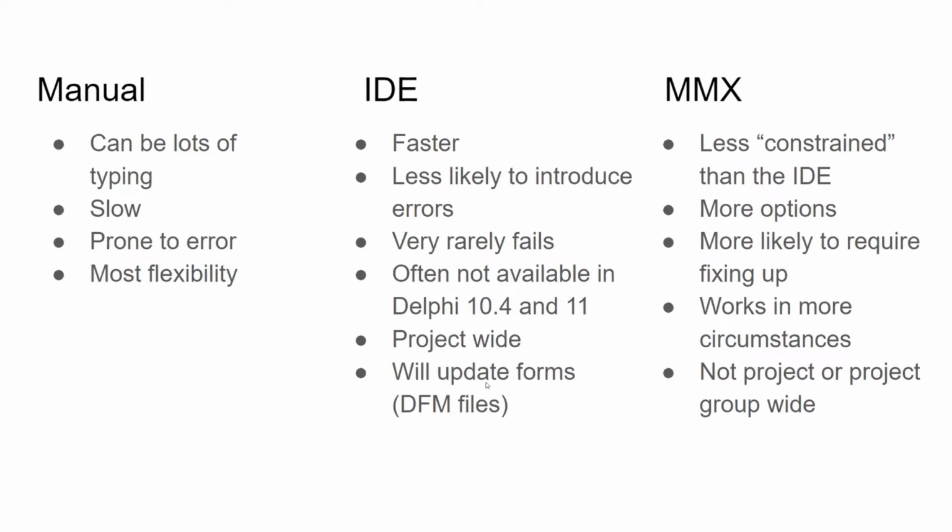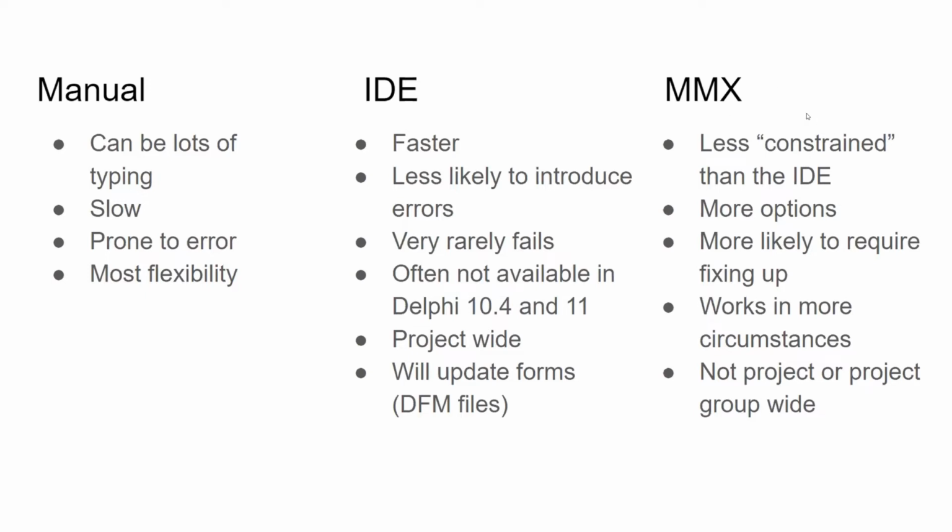And it works with forms. So if you want to rename DataModule1 to something more meaningful, it will rename everything in the project, including the DFM file itself, which is super handy. Or if you want to rename an event or something like that.